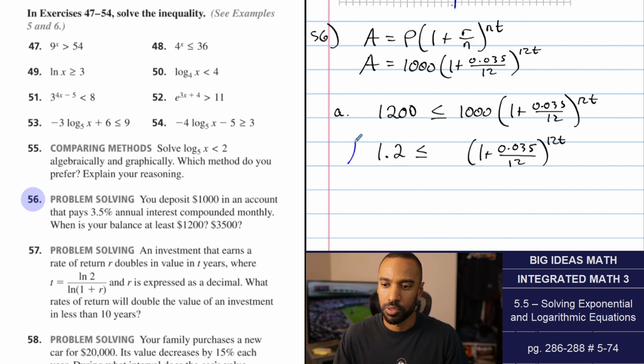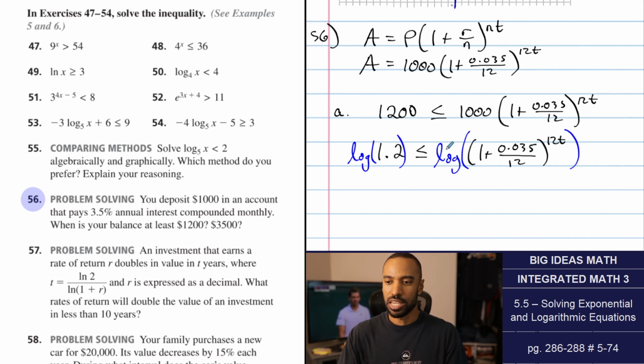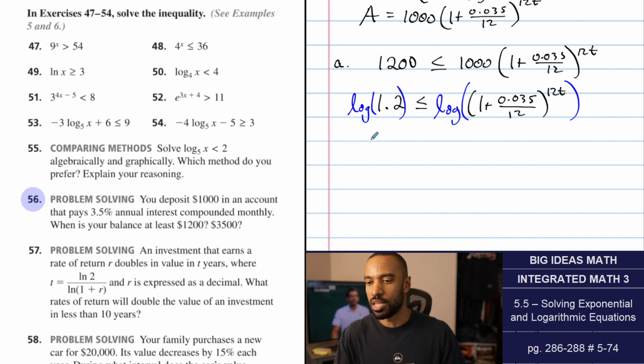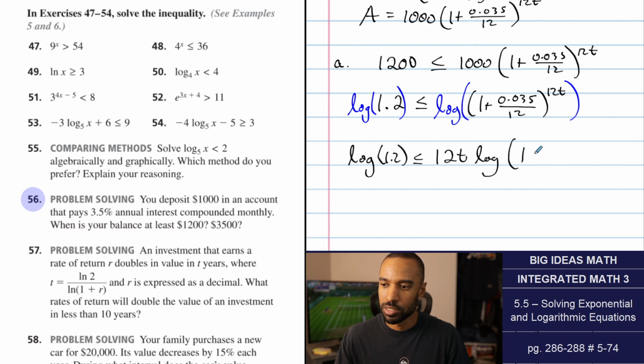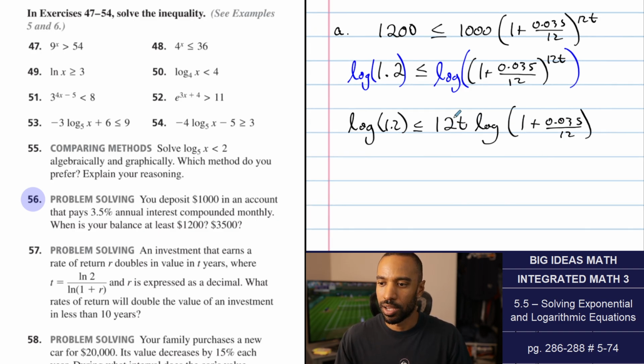I'm going to log both sides as is. Just log, the common log, like so. And 12t comes on down. We have log of 1.2 is less than or equal to 12t times the log of 1 plus 0.035 over 12. Now we divide both sides by 12 times the log of that.